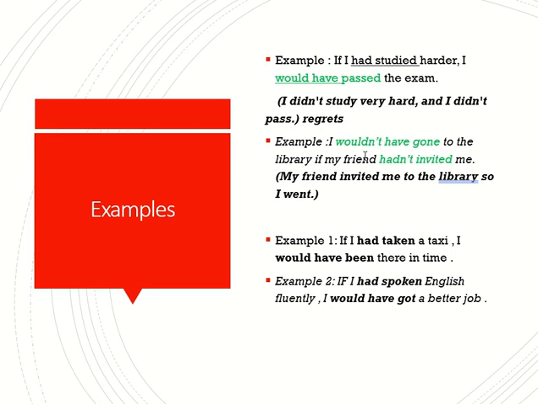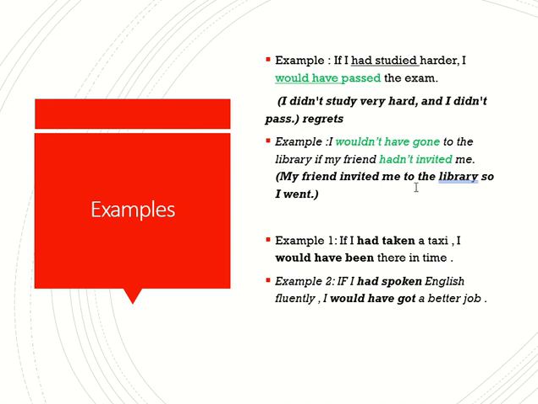Here, she wanted to say, her friend invited her to the library, so she went. So she regrets because she went to the library. So here you say, I wouldn't have gone to the library if my friend hadn't invited me.